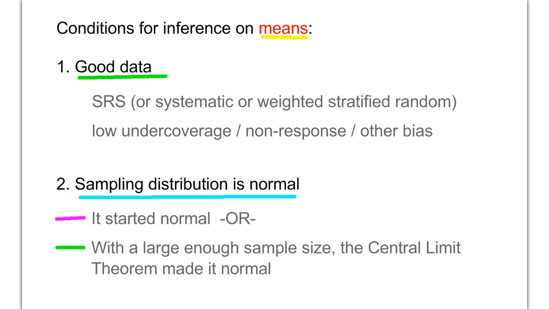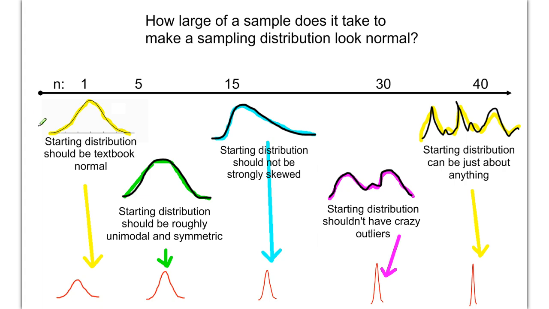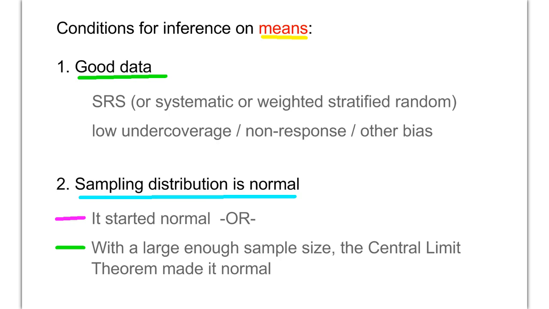Referencing what we talked about before, if you have a very, very crazy distribution, you're going to need a sample size of at least 40. Whereas if your distribution is somewhat normal with a little skew, maybe 15 is fine. And if it's perfectly normal, again, 1 would be okay. So the size of the sample you need depends on how crazy that initial distribution is.